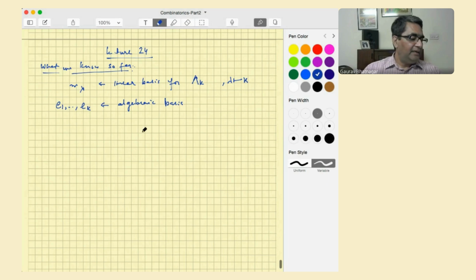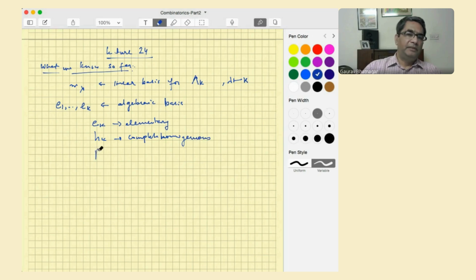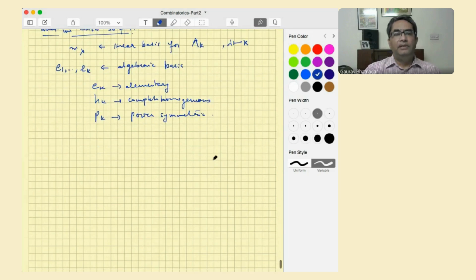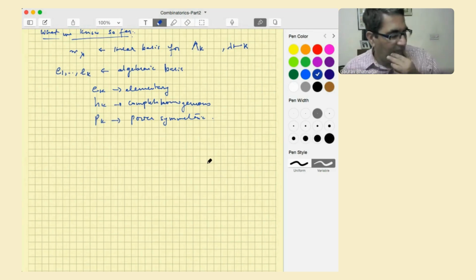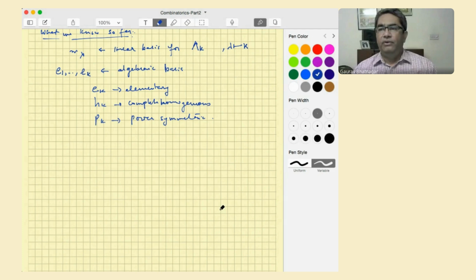And we did 3-4 types of things. So Ek was elementary symmetric functions, and Hk was complete homogeneous symmetric functions, and then Pk was power symmetric functions.